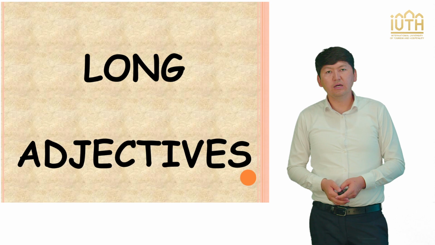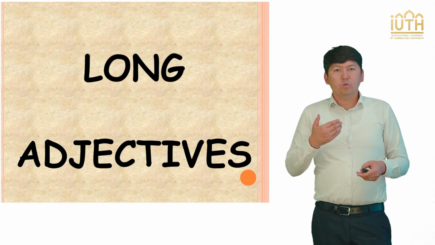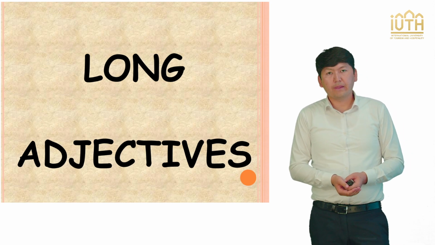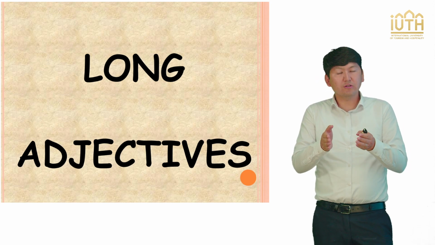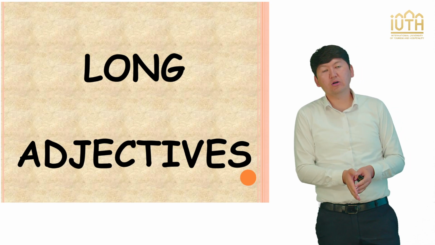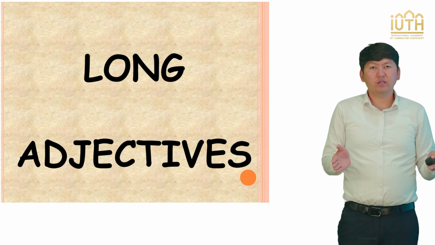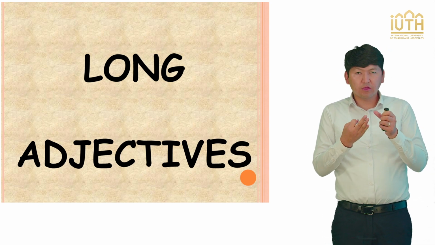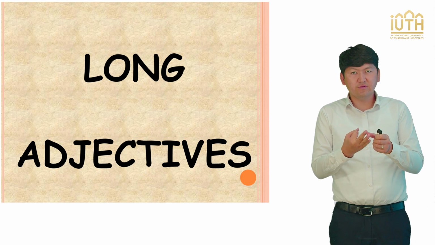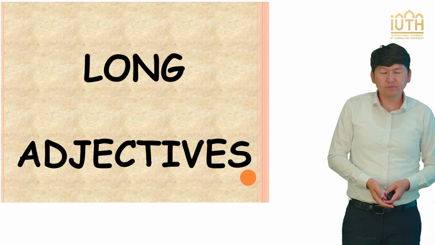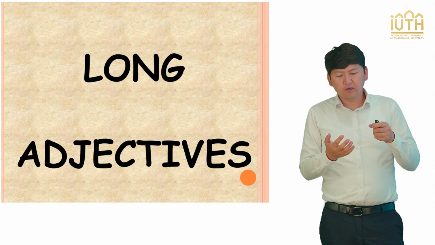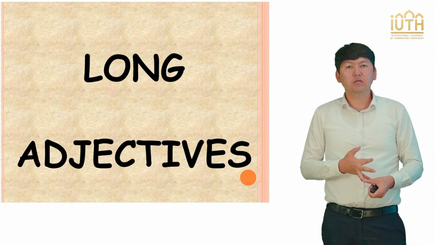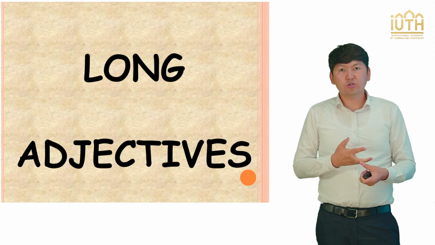Next example. There are also long adjectives. Like we talked about short adjectives, now let's talk about long adjectives. In English, we have adjectives with three syllables, like important, interesting, dangerous.